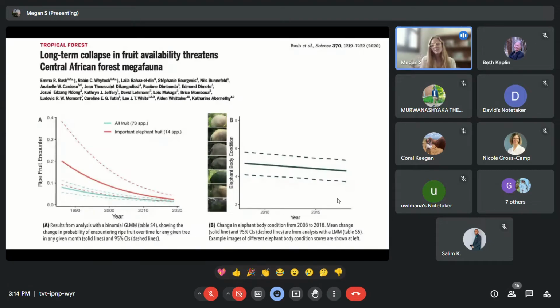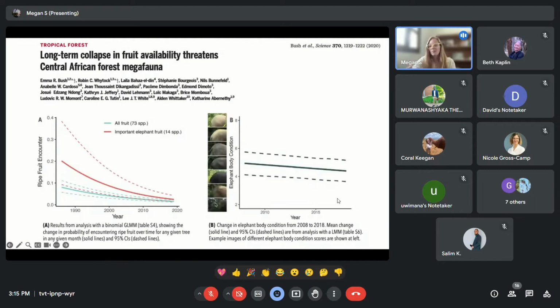They have this data set that overlaps with the period of time they observed the phenology data for, and they extracted a bunch of photos from the camera trap data and had experts score the elephant photos based on their body condition, from really plump and excellent body condition down to very emaciated and a very poor body condition.